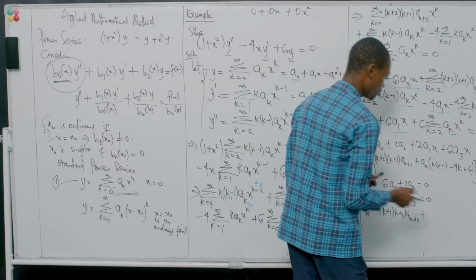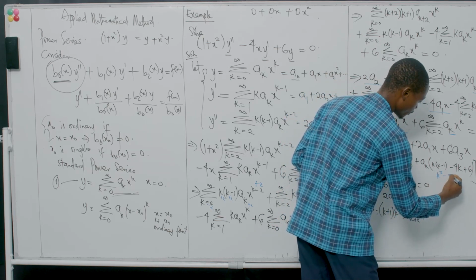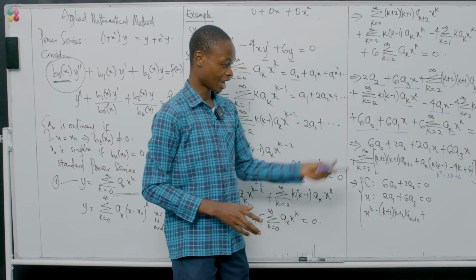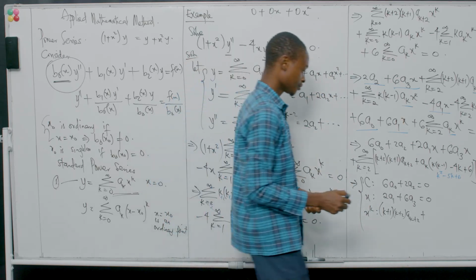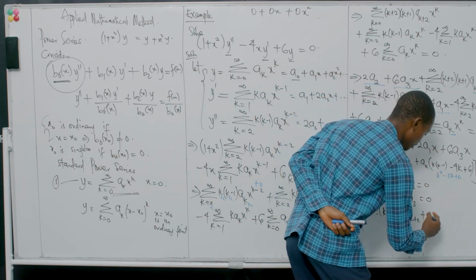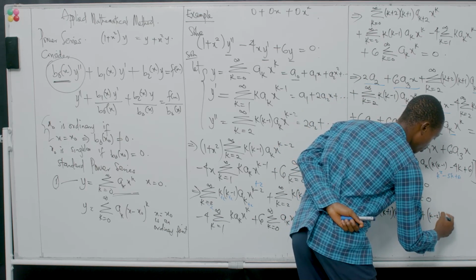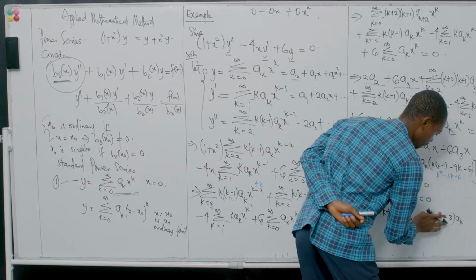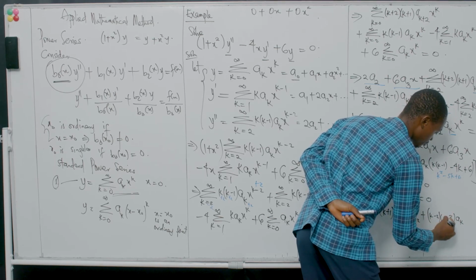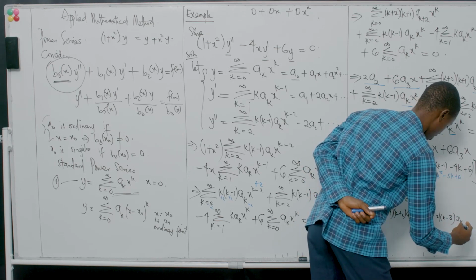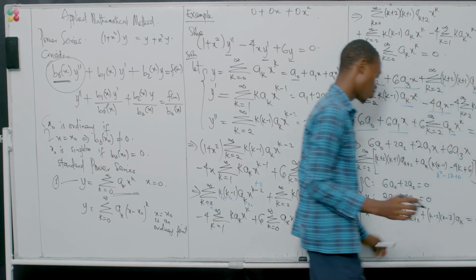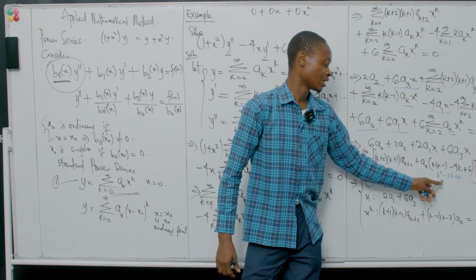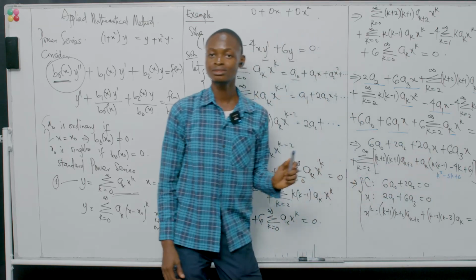So that will be k squared minus 5k plus 6. Can we factorize that? Yes. We can factorize that simply as (k minus 2)(k minus 3) a_k, and all of this is equal to 0. I hope this is clear. What we simply did here is expand this bracket and then refactorize it.